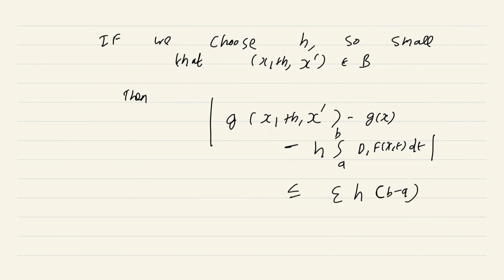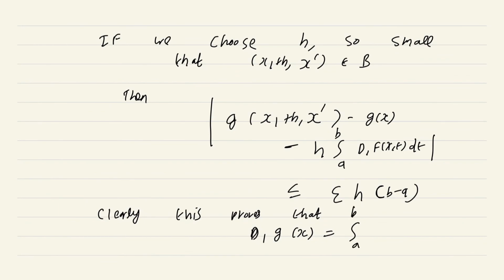Okay, this just follows from the estimate we just got above, that the absolute value of d1 of f of (y, t) minus d1 of f of (x, t) is less than epsilon. And clearly this proves that d1 of g of x is equal to the integral from a to b of d1 of f of (x, t) dt as claimed. The other partial derivatives can be done in the exact same way.